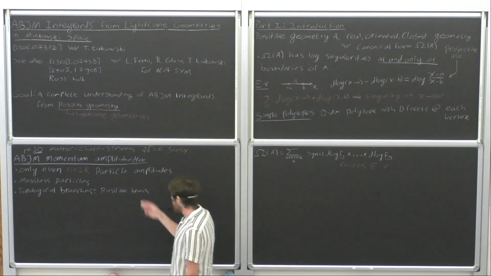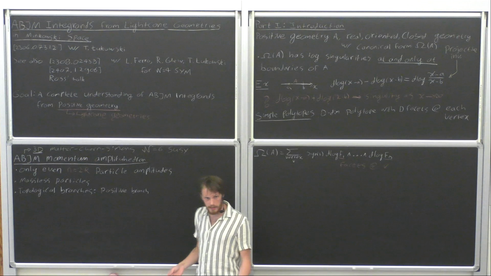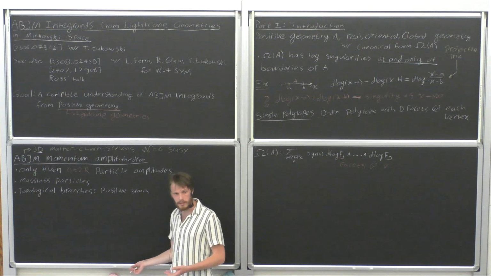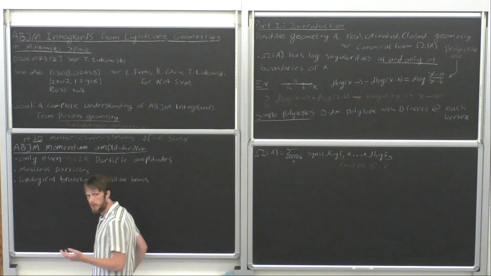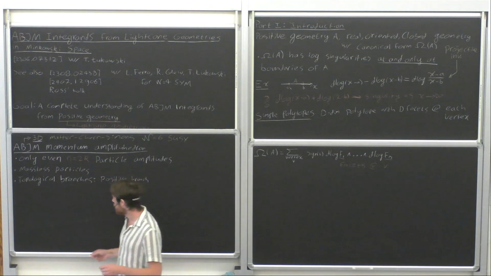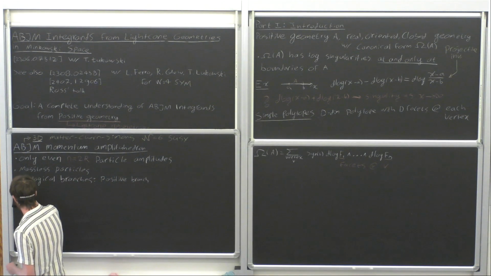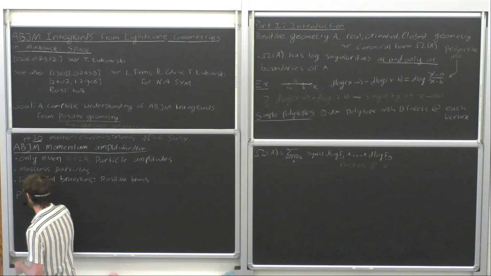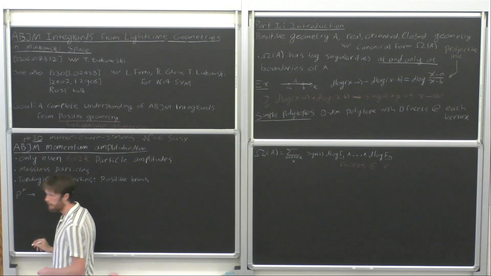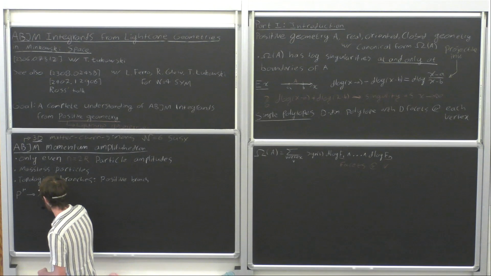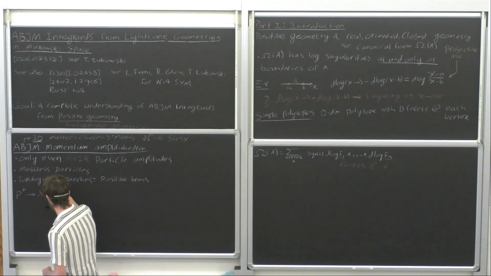Now, the ABJM momentum amplitude, like I said, lives in the space of 3D spinor helicity. I assume everyone is familiar with four-dimensional spinor helicity, but just to quickly summarize how the 3D story works: we write our massless momentum p mu as the outer product of lambda alpha and lambda beta.